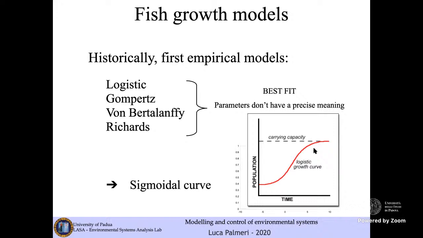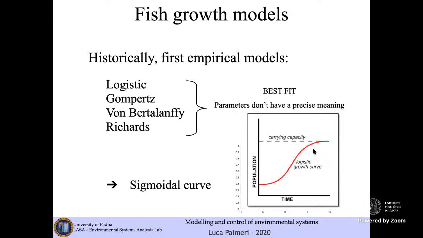The methodological or epistemological approach in this case is that of finding the best fit. So we have mathematical models in which we have some parameters that do not necessarily have a precise biological meaning, but as we will see in some cases, it is helpful to introduce parameters with a sound biological meaning.